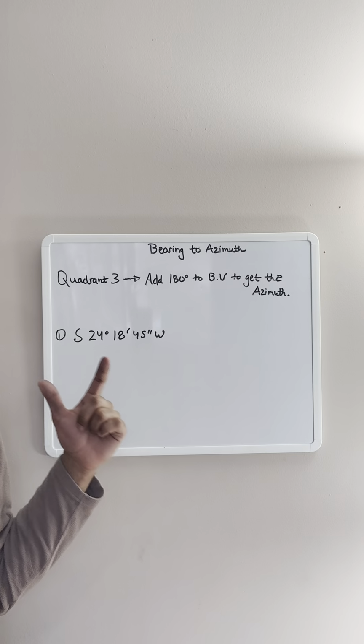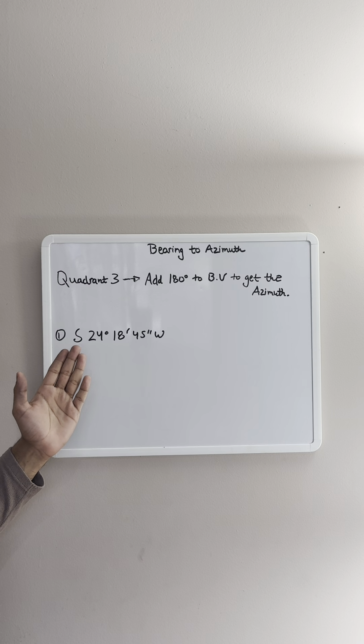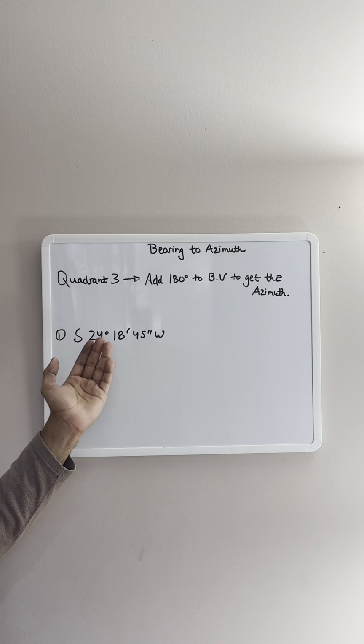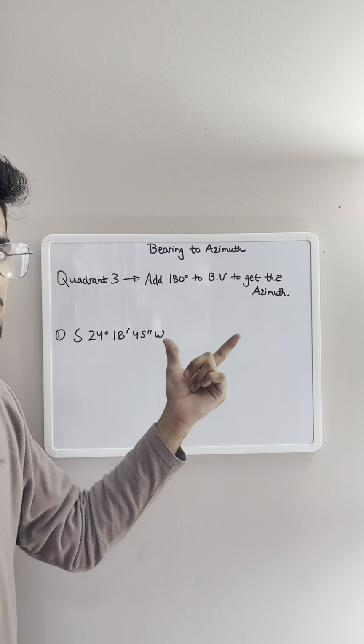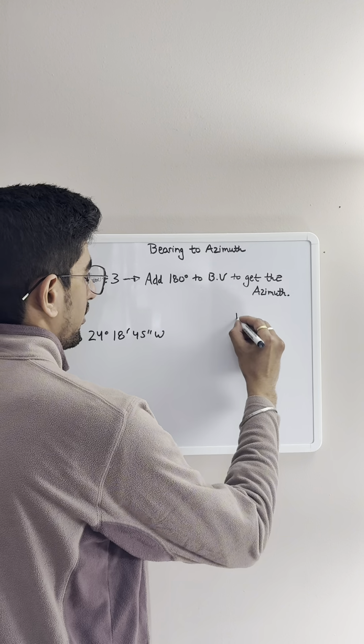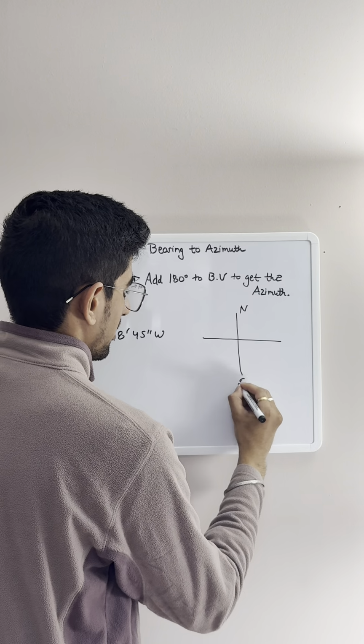Now looking at the line which is in quadrant 3. Whenever the line is in quadrant 3 and we are converting the bearing to an azimuth, we just add 180 degrees to the bearing value. We will look at how on the quadrant diagram.